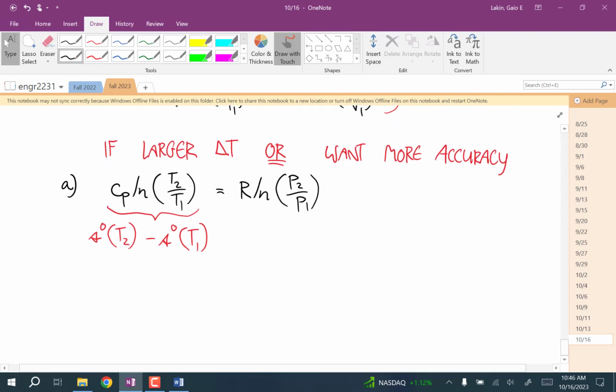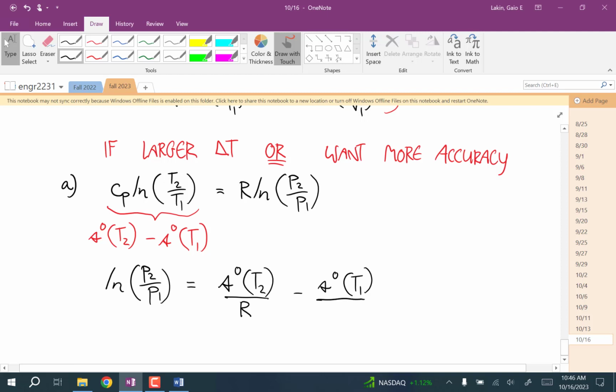And so now you can say that the natural log of P2 over P1 is equal to S0 at T2 divided by R minus S0 at T1 divided by R.